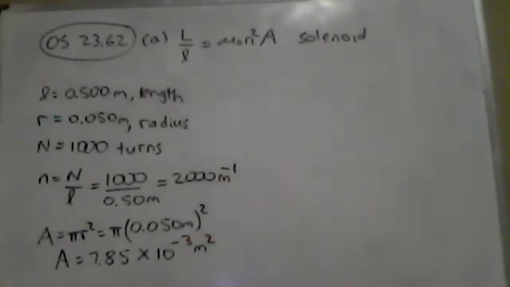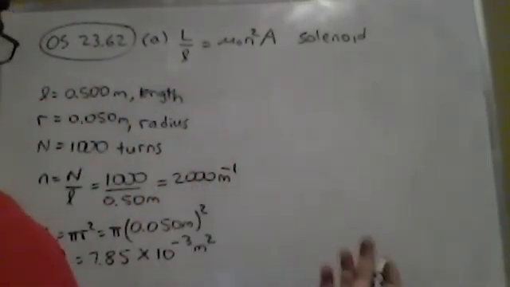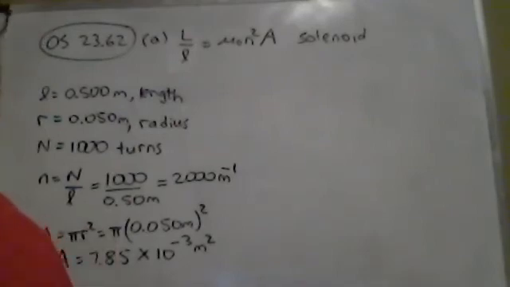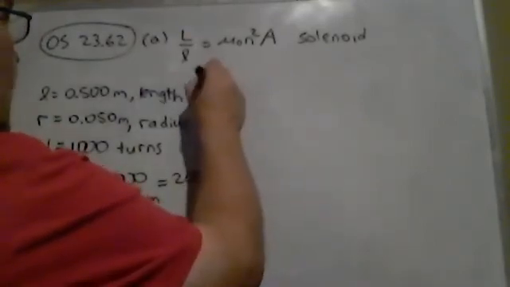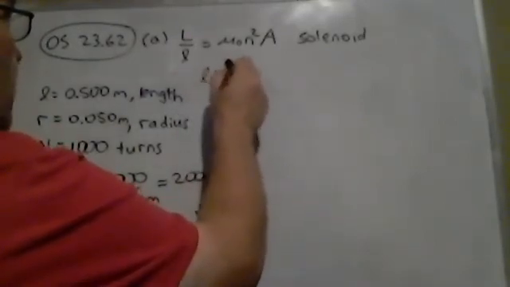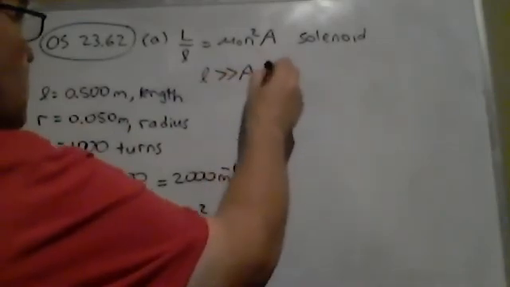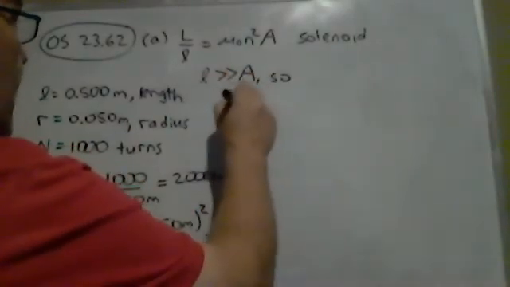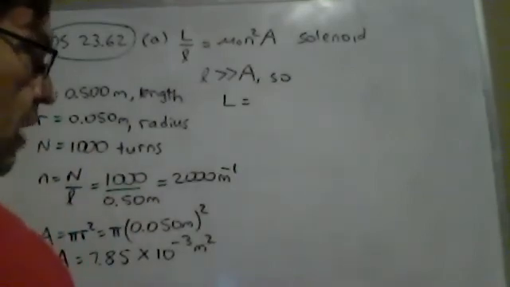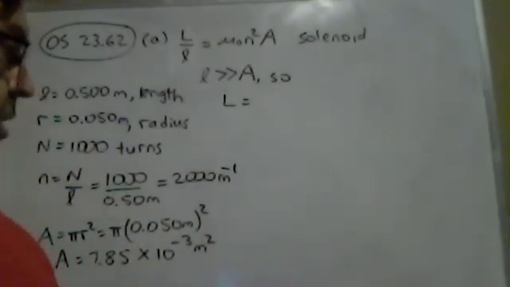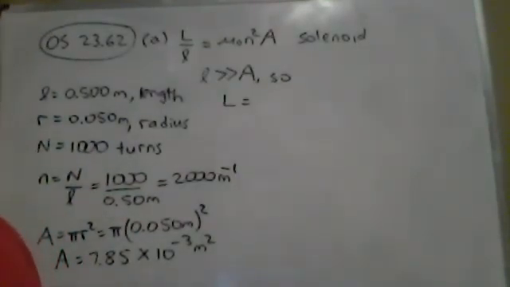That is all that I need. We assume the length of the solenoid is 50 centimeters and the area is very small, so l is much greater than the cross-section. We don't have to worry about the magnetic field diverging at the ends of the solenoid.